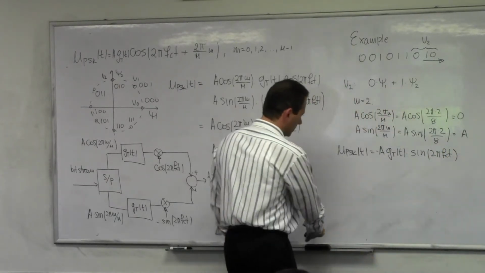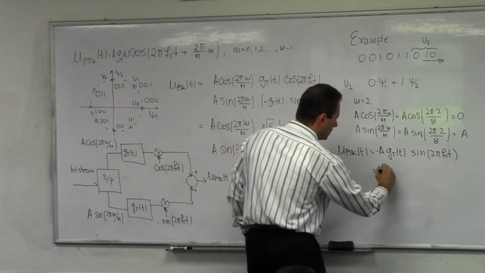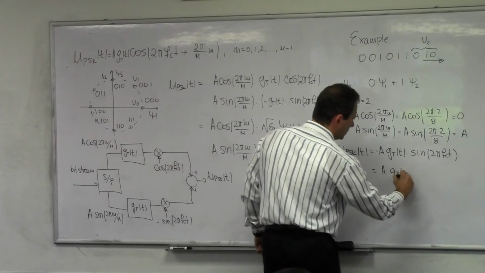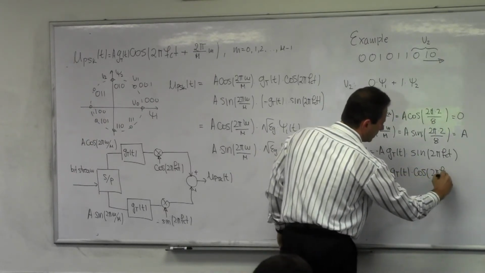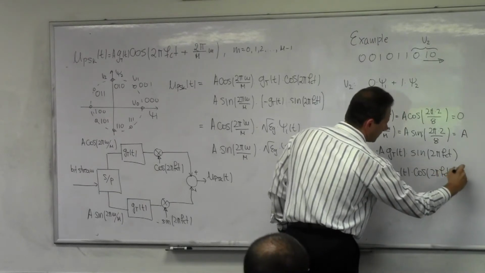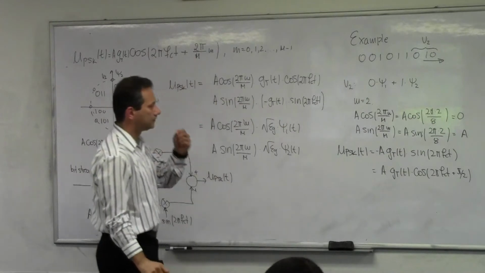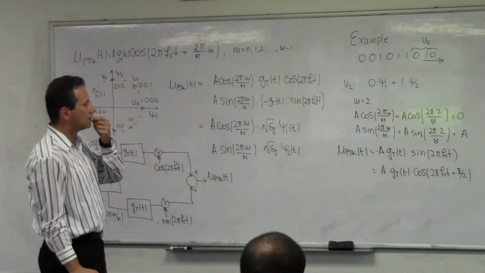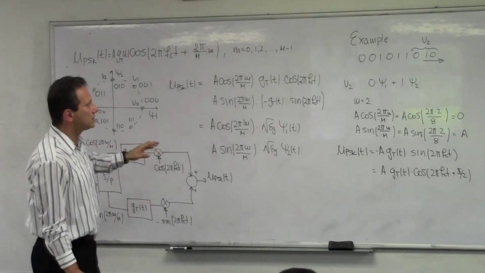That's the angle. Or I can say that this is equal to A g(t) times cosine 2 pi f_c t plus pi over 2. Okay, so that's how you modulate.